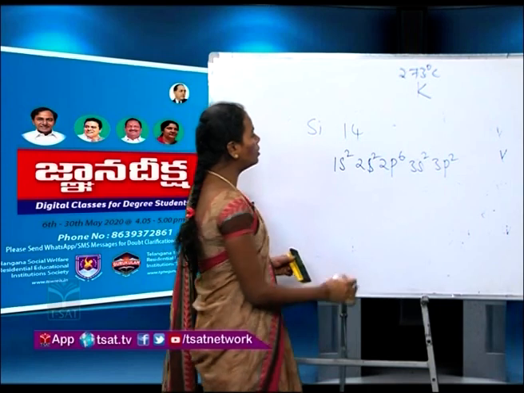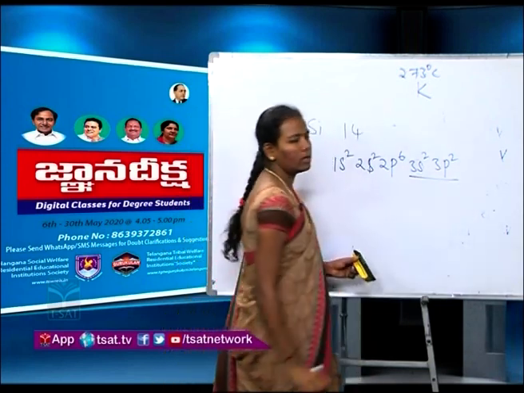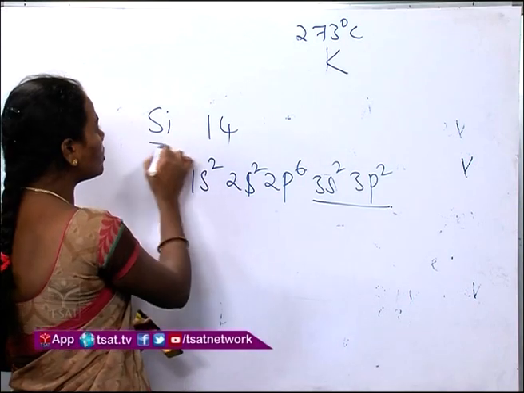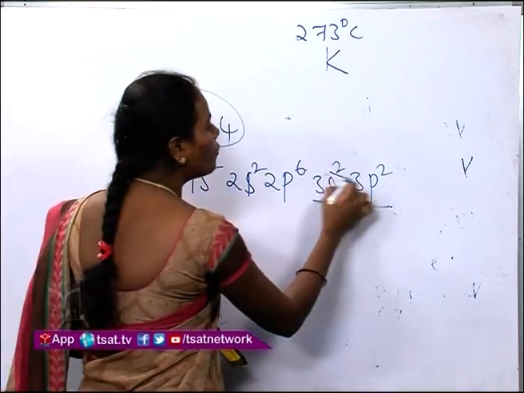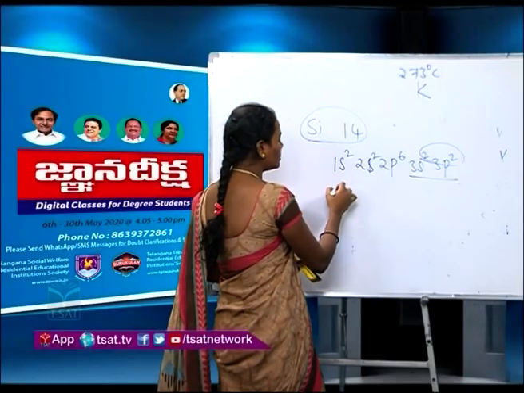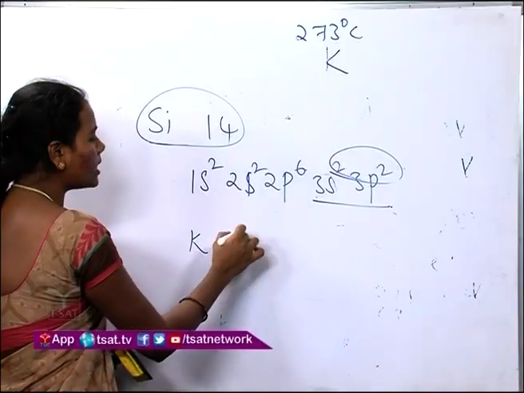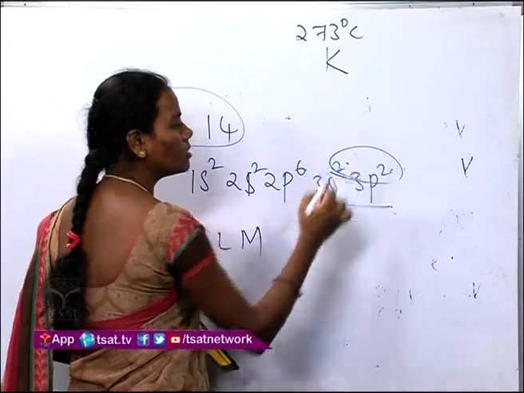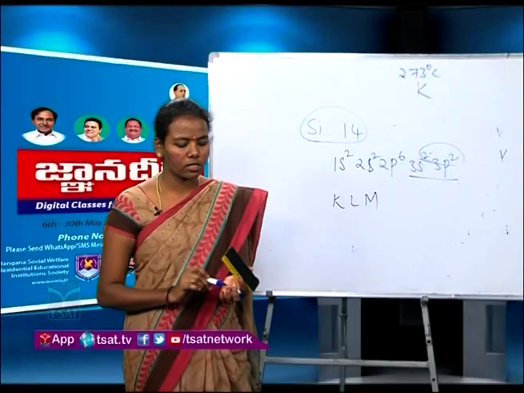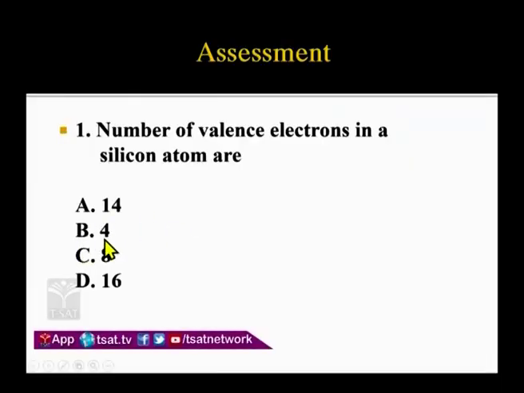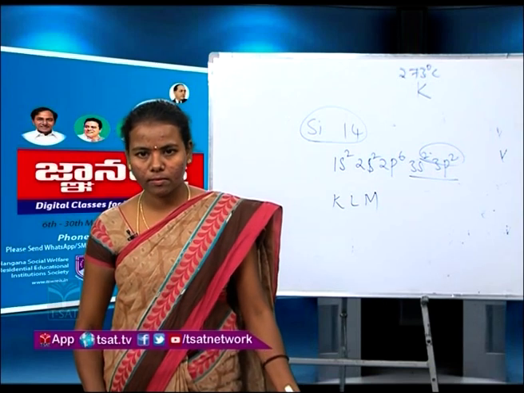The outermost shell electrons are called valence electrons. Silicon will have valency 4, because these shells are called K, L, M shells, and in the M shell we have 4 electrons. So the answer is B. Silicon has 4 valence electrons.